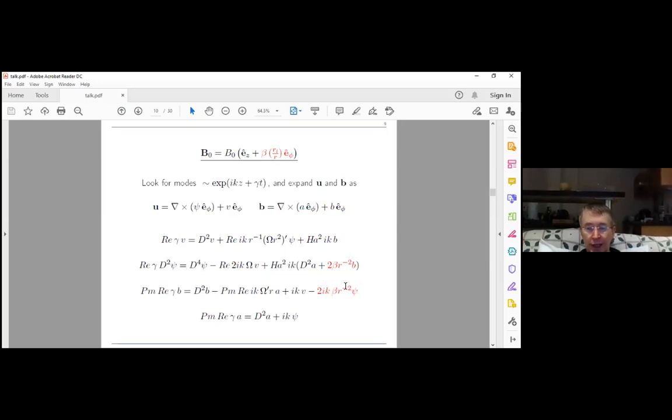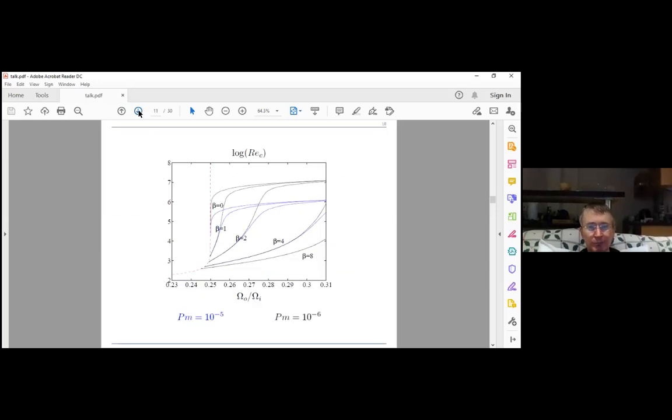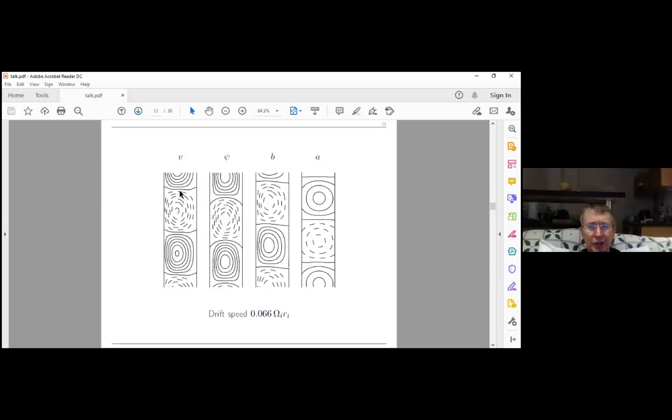Well, if you now add that extra term in there, then the role that was previously played by this term gets taken over by that term, and then the dependence on PM is just completely different. Well, here are the instability patterns, what the actual spatial structures of these things look like.